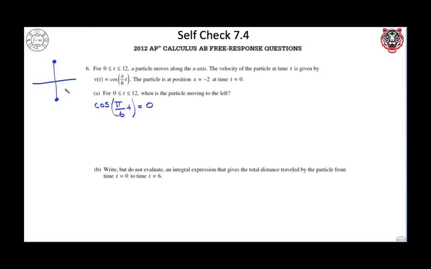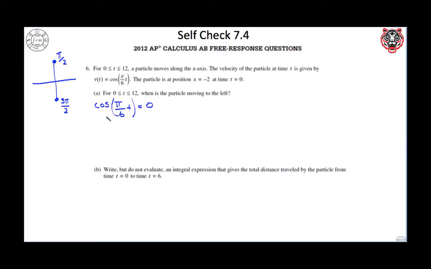What are those positions in radians? Pi over 2 and 3 pi over 2. Perfect.